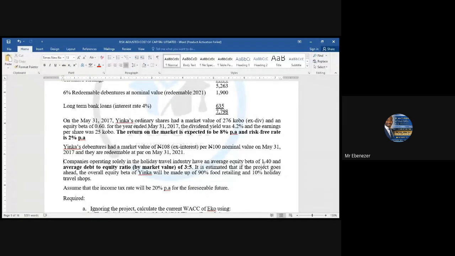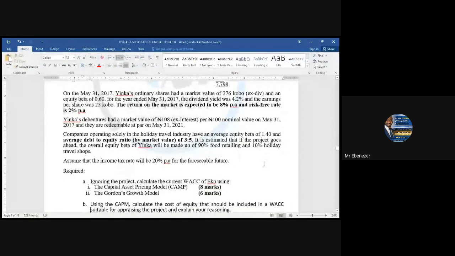Meaning that if they go ahead with this project, food retailing will take 90% of the risk, while holiday travel will take 10%. Meaning that even the food retailing they had before is a very risky business. The income tax is given as 20%, right?